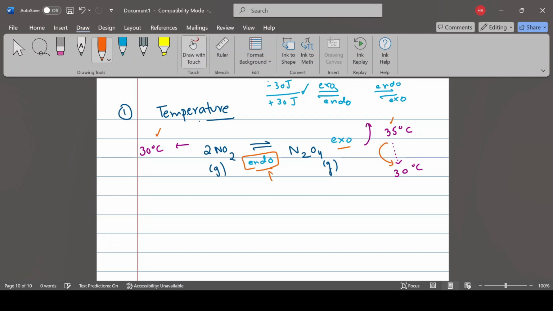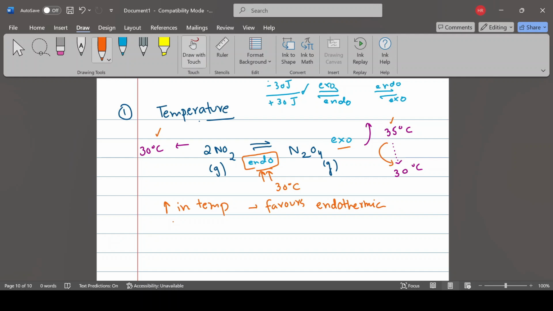So more and more heat is absorbed, so the temperature can drop back to 30 degrees Celsius. So the rule of thumb here is that when there is an increase in temperature in a reversible reaction, it favors the endothermic reactions. Why? Because endothermic means it's going to absorb energy and it's going to decrease the temperature back to our desired point. Do you get this part?